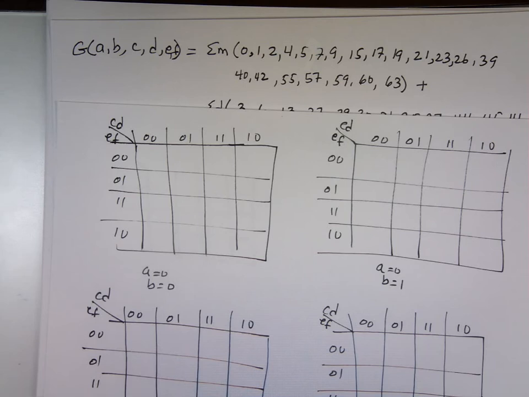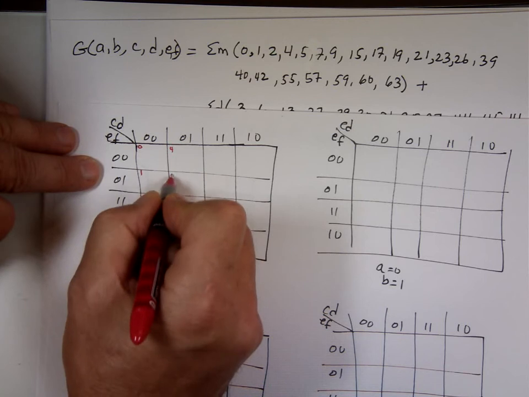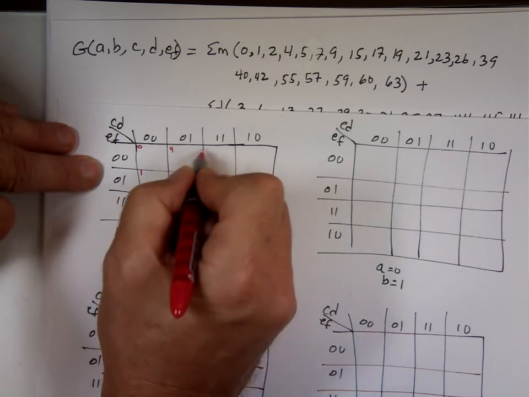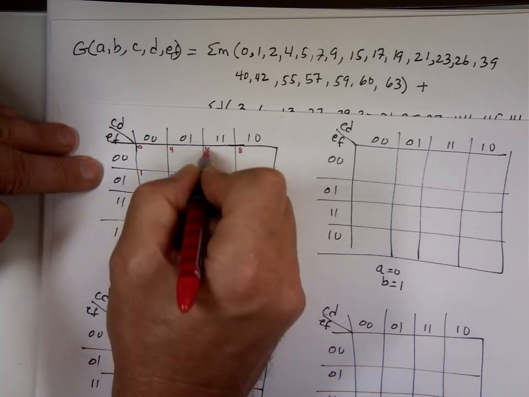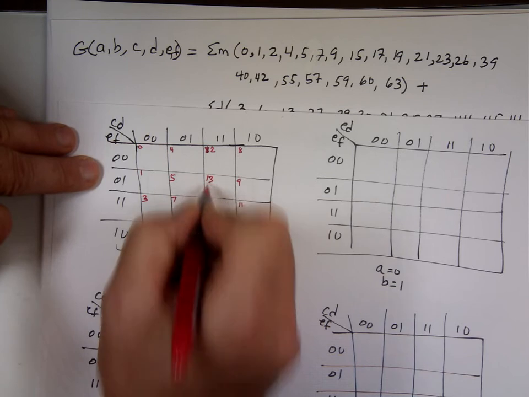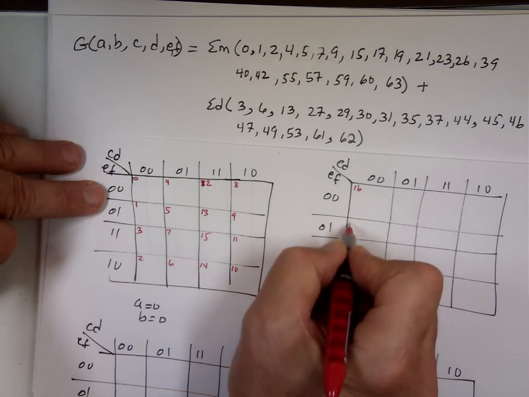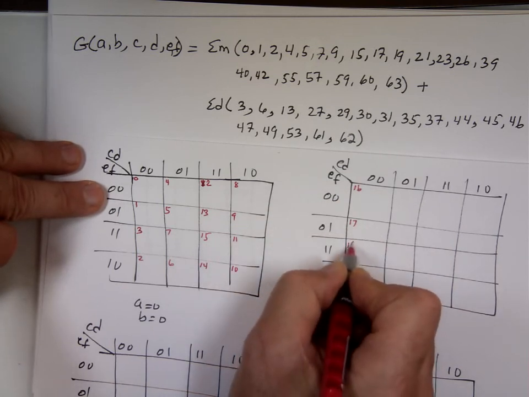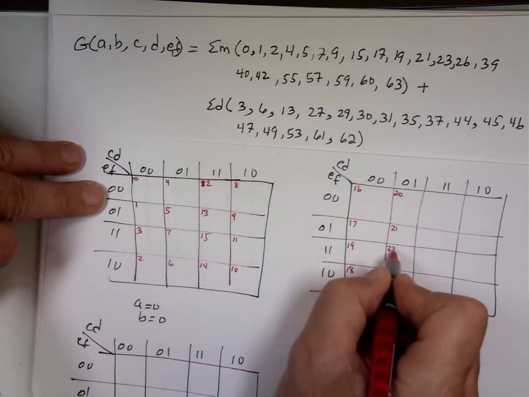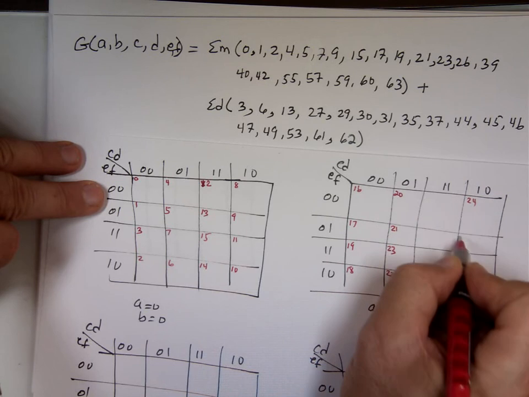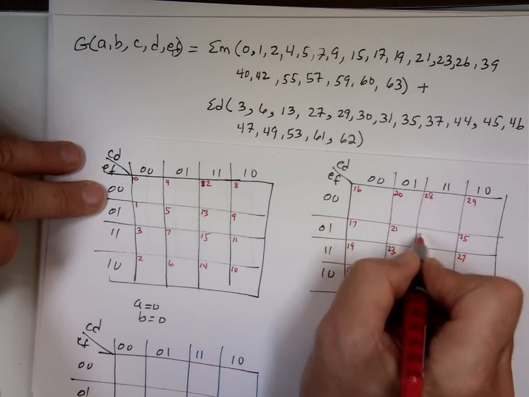0, 1, 2, 3, 4, 5, 6, 7, 8, 9, 10, 11, 12, 13, 14, 15, 16, 17, 18, 19, 20, 21, 22, 23, 24, 25, 26, 27, 28, 29, 30, 31.